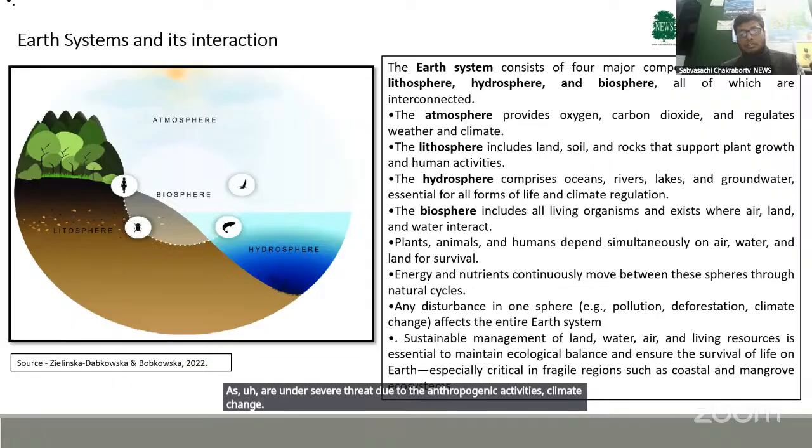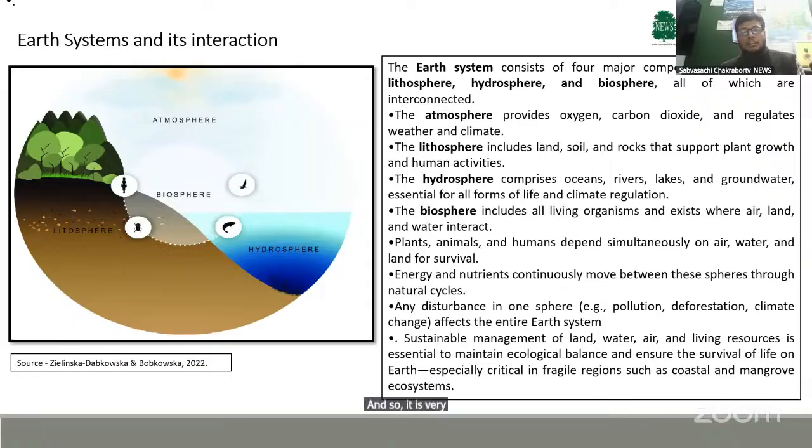And so it is very important from this perspective that these natural resources are properly and sustainably managed.